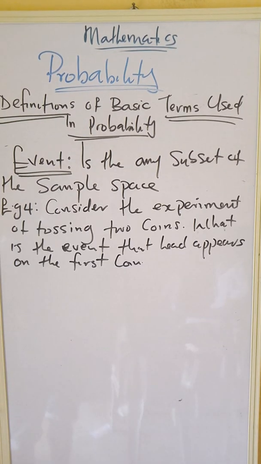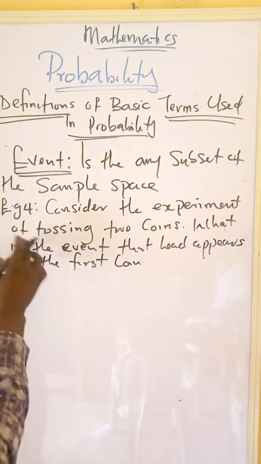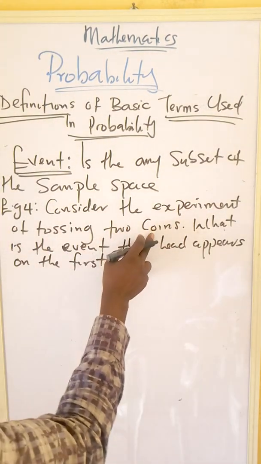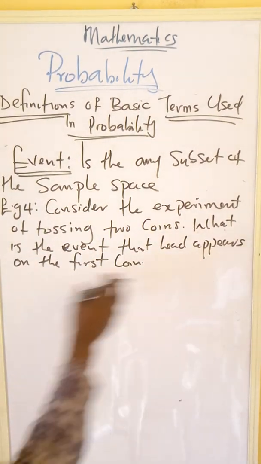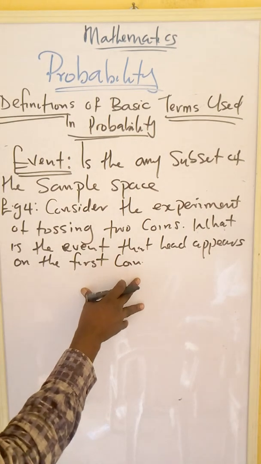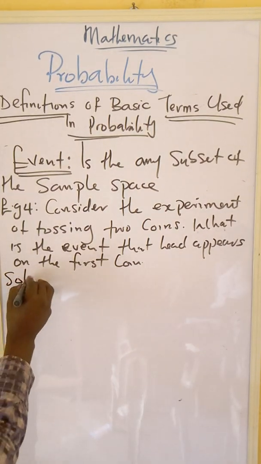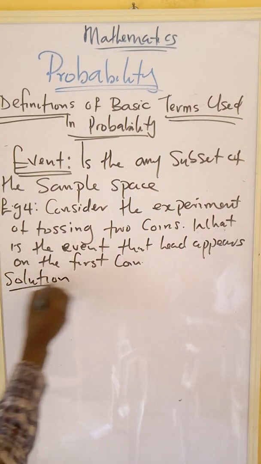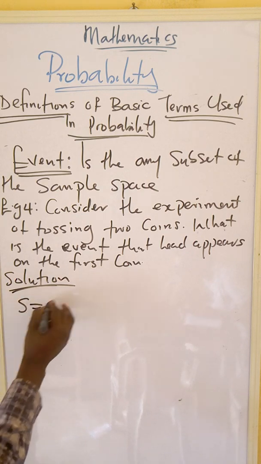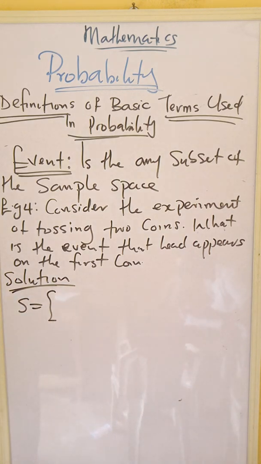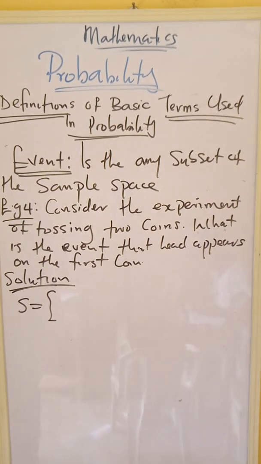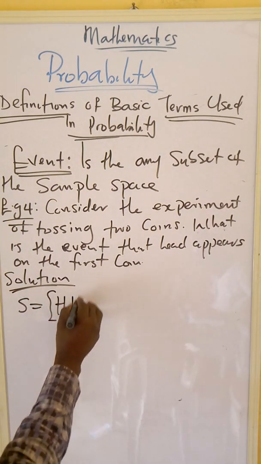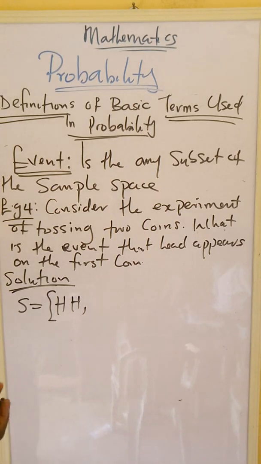Consider the experiment of tossing two coins. What is the event that head appears on the first coin? Okay, let's perform our experiment. To perform a sample space, how many coins is involved? 2 coins. So when we cast the coins, maybe it will give us head, head.